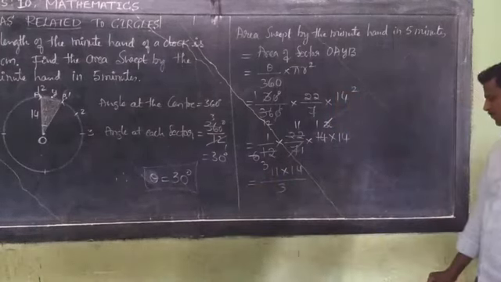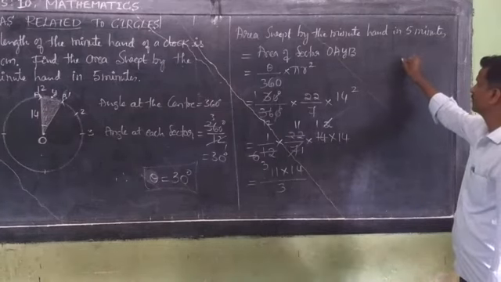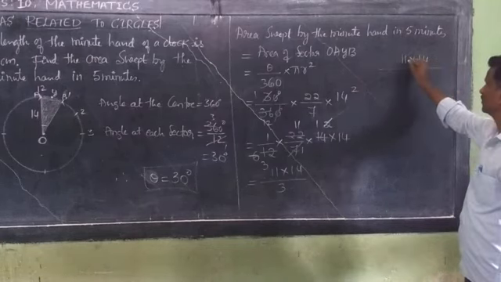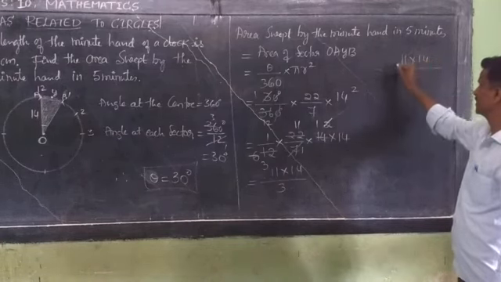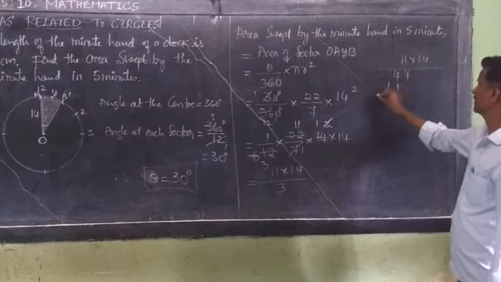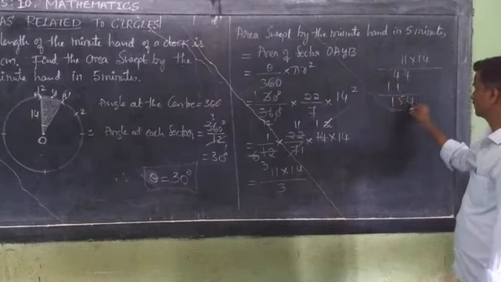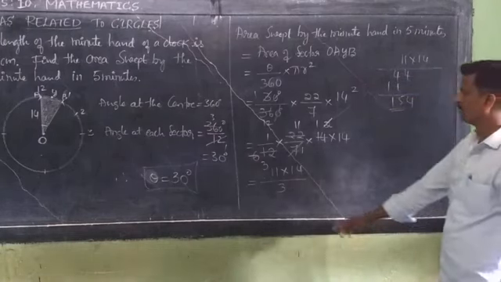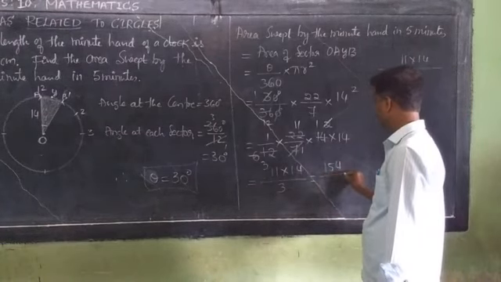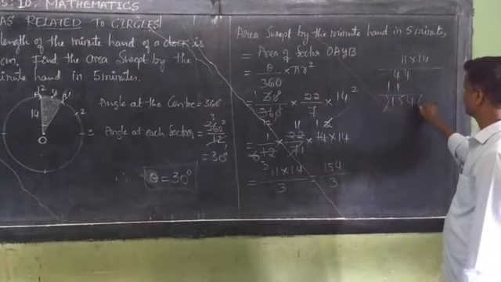That is 154. This 154 is to be divided by 3.